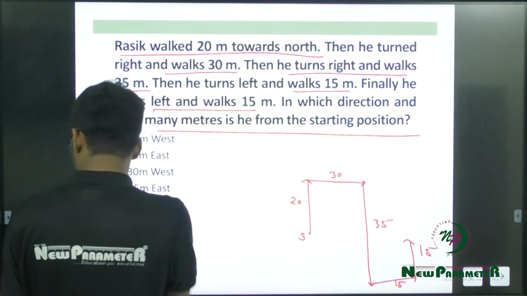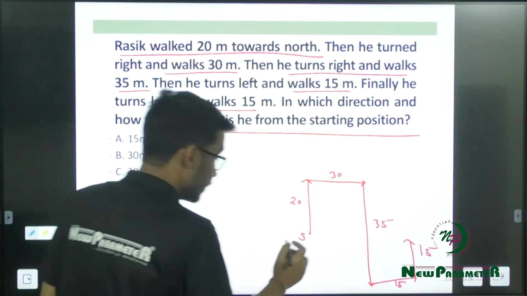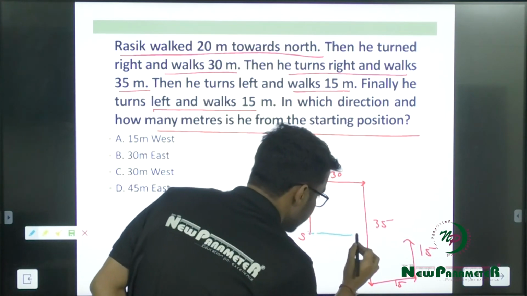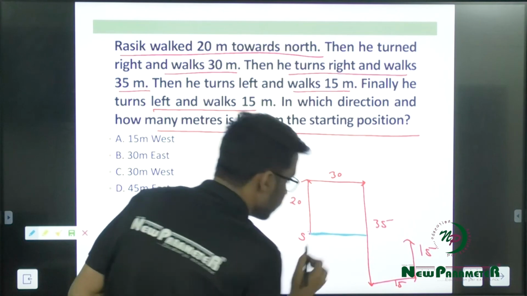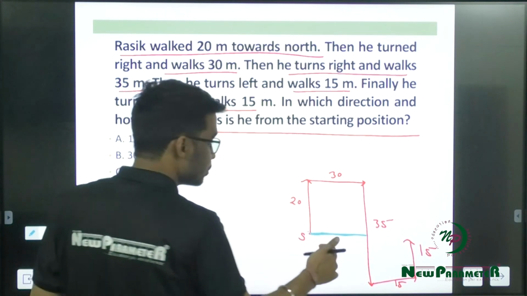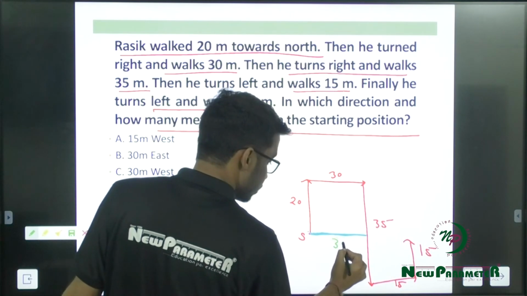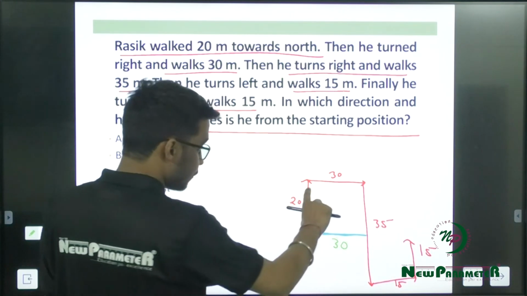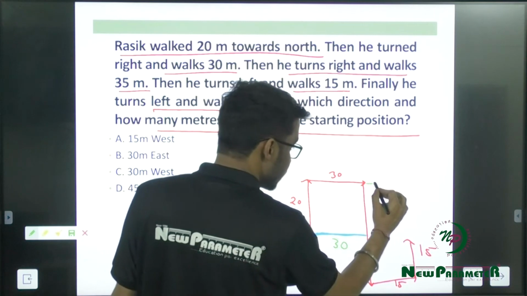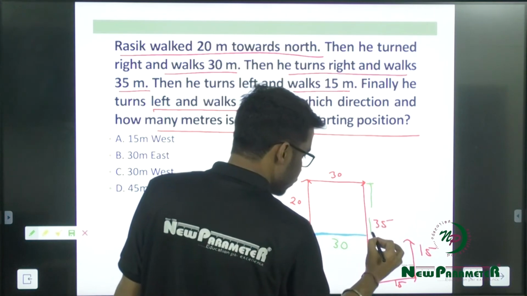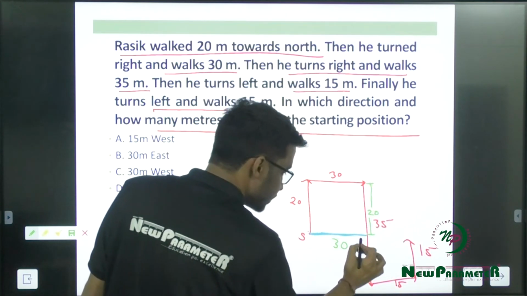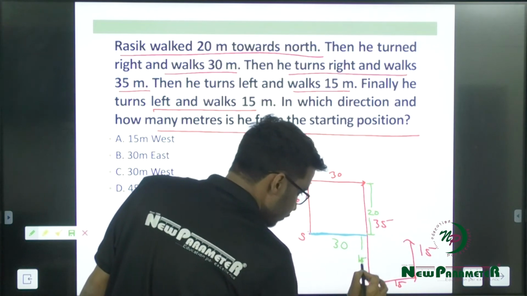When I connect this line, as this is 30, these two sets are parallel lines, so this region would also be 30. If this line is 20, then this distance would be 20 as well. So the remaining distance would be 15.